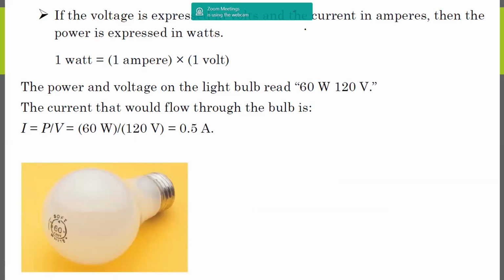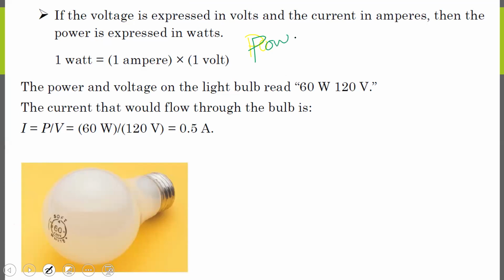So then, we know that the unit of the voltage is the volt, and the unit of the current is the ampere. So what would be the unit of the power?